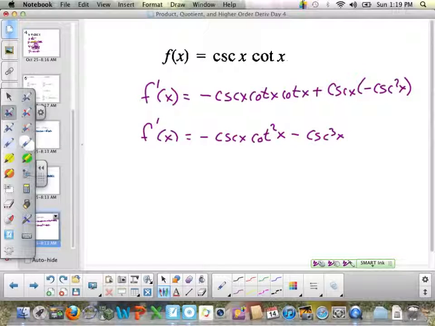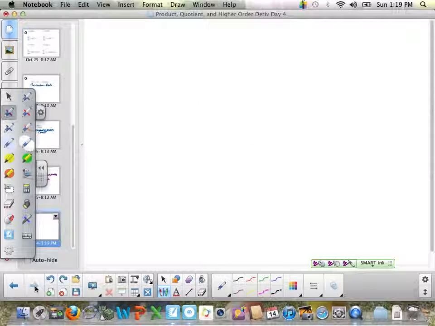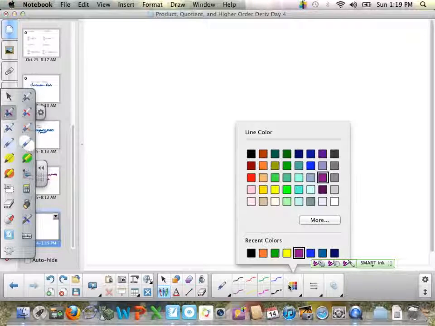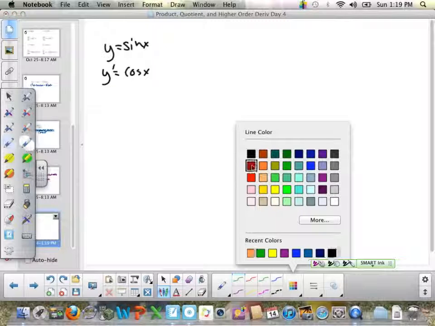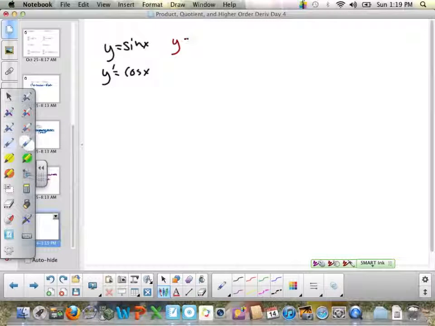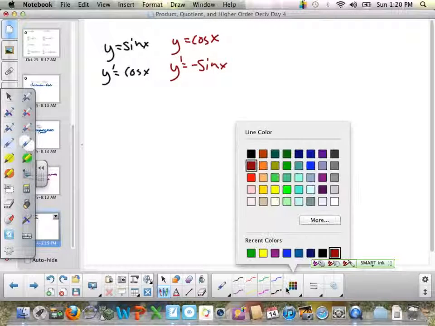So in conclusion, we now know the derivatives of all the trig functions. The derivative of sine of x is cosine of x. The derivative of cosine of x is negative sine of x.